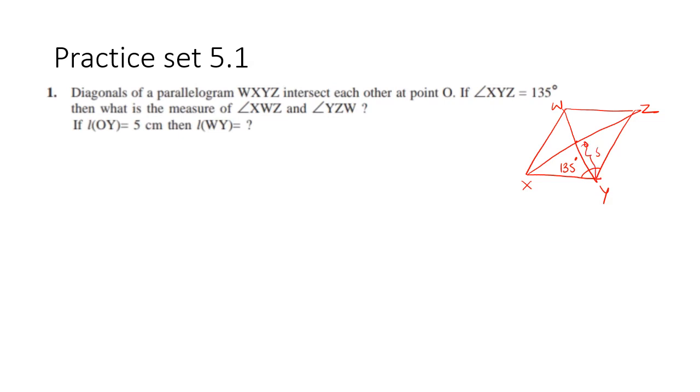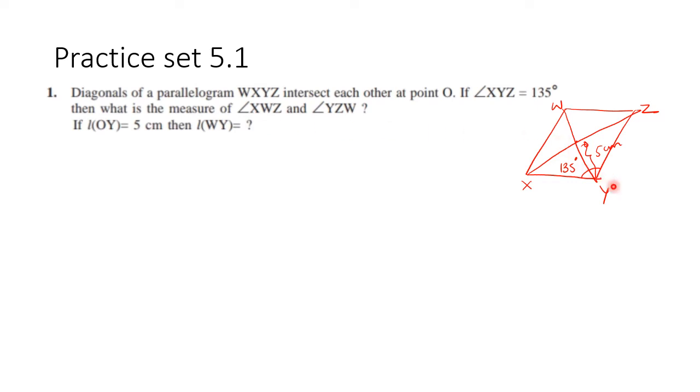Only this much is 5 centimeters. Now as XYZ is 135 degrees, we have studied the property that opposite angles of a parallelogram are congruent or equal. So if angle XYZ is 135 degrees, the opposite angle to it is this. So angle XWZ is 135 degrees, that we have found out.